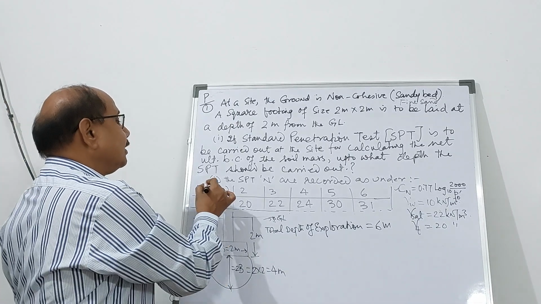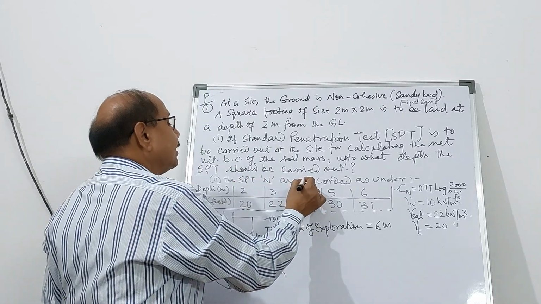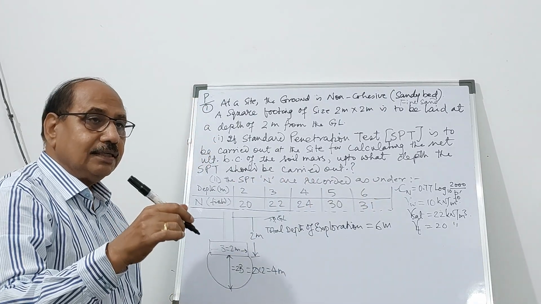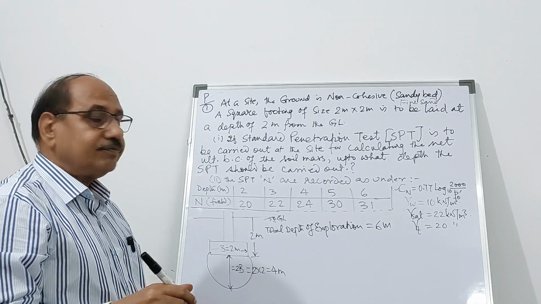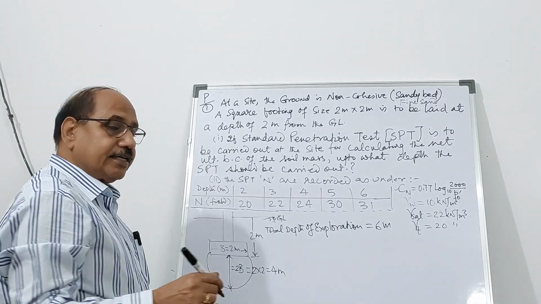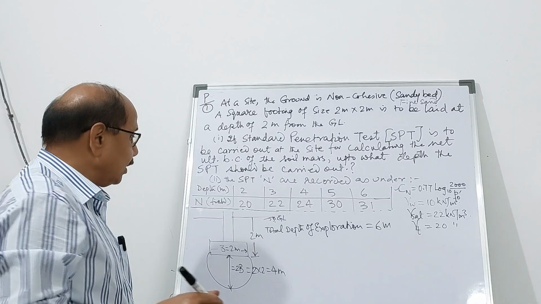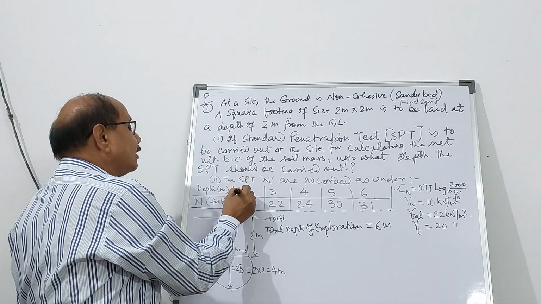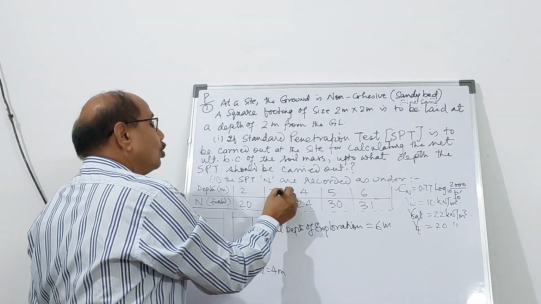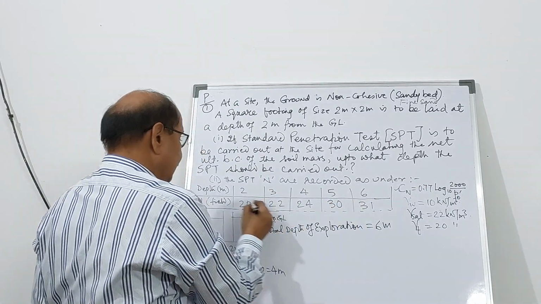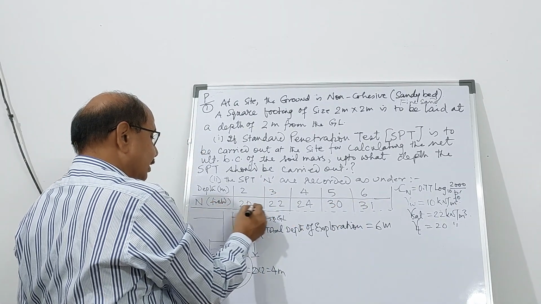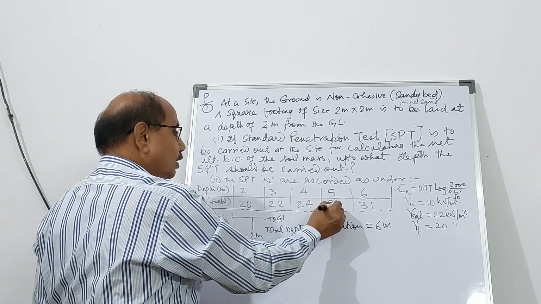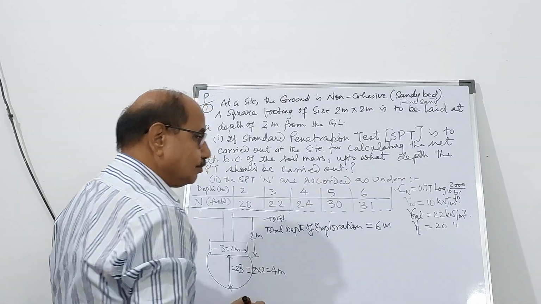And the second part is the SPT N values are recorded, the number of blows required for 30 centimeter penetration of the split spoon sampling tube, and the number of blows at 2 meter onwards up to 6 meter are as given over here. It is 20, 22, 24, 30 and 31.